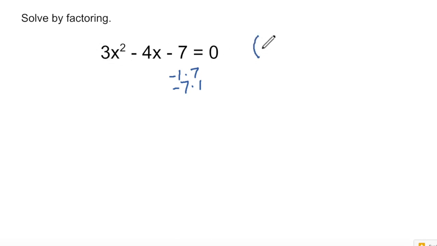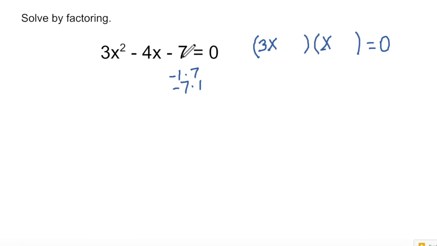We're going to have the 3x plus something, or probably minus something, and then x plus something or minus something equals 0. So that way when we apply FOIL, you'll see this first term, 3x times x, gives us 3x squared. And the second terms, we're going to put these two in these two positions here.